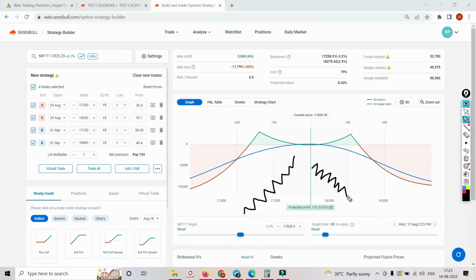Point number 1, your VIX will fall. With the market going up, your VIX falling is the only threat of your calendar spread. Because when your market goes up and your VIX falls, your calendar hedges will decay. Though your sold position will also decay, the calendar hedges will decay in a faster time run, so that you will not get into the profit.